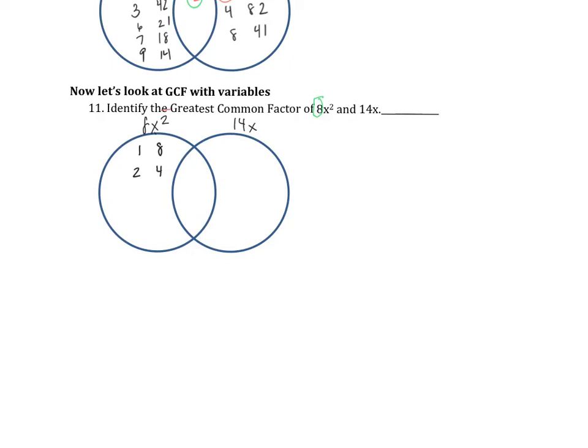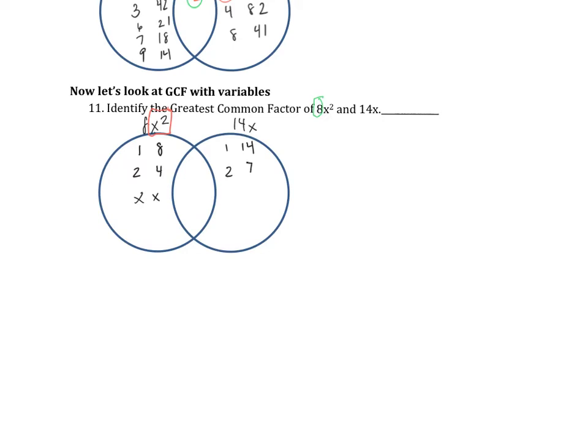Now, what's important to realize is now we have x's, okay? What I want you to do, see how we have x squared? I want you to write as many x's as the exponent. So in this case, we have 2 x's, 1, 2, okay? Now I'm going to go to the other side, and I'm going to say 1 and 14, same thing, you're listing your numbers, and 2 and 7, right?